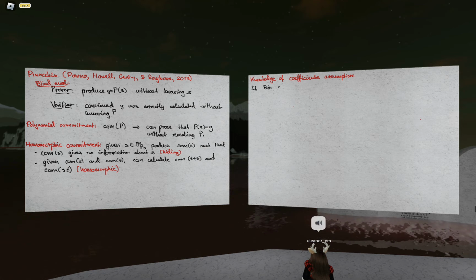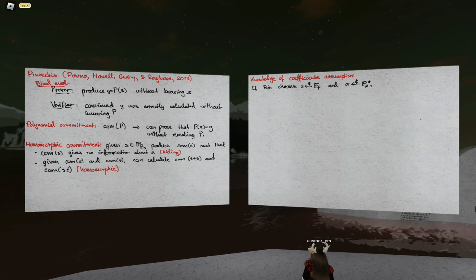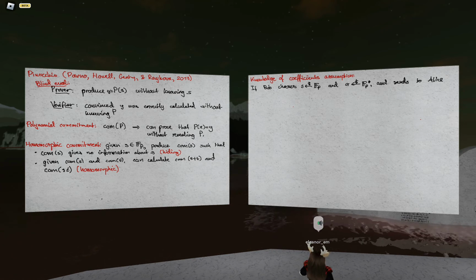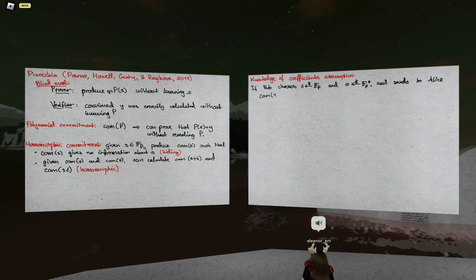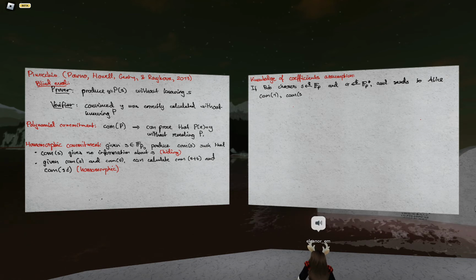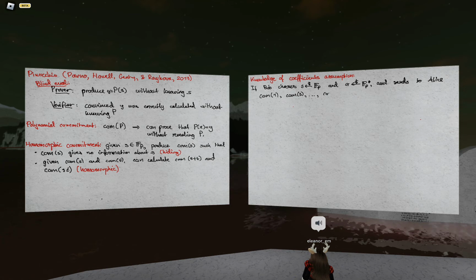If Bob chooses a secret S from the field uniformly at random, and a secret alpha from the units uniformly at random, and sends to Alice a bunch of powers of S and alpha S. Okay, so I'm going to send a commitment to 1, a commitment to S, up to a commitment of S to the power of D, where D is the parameter.